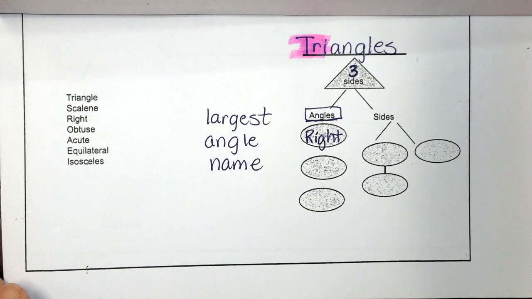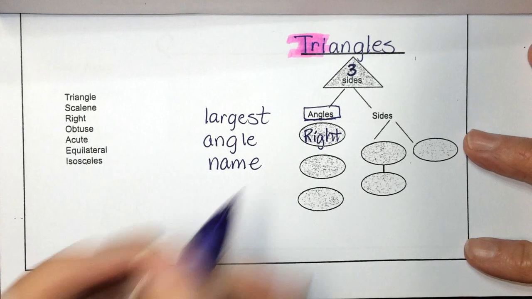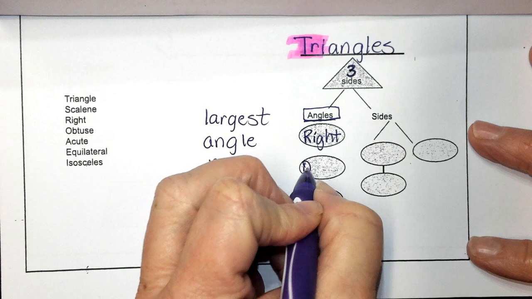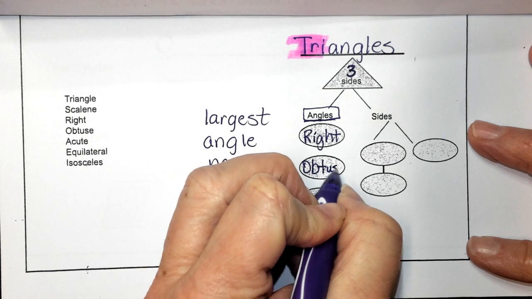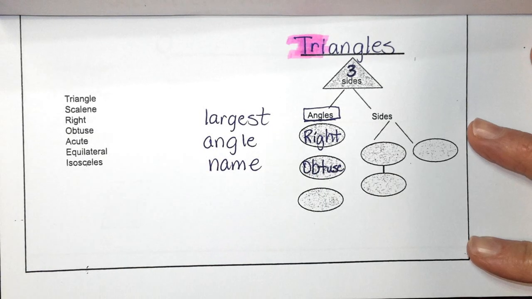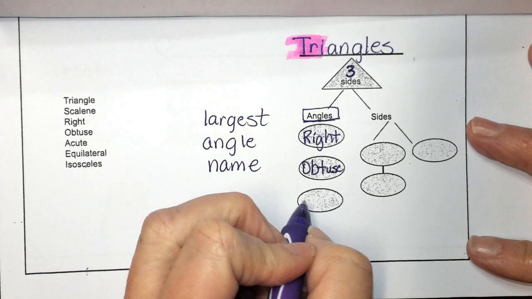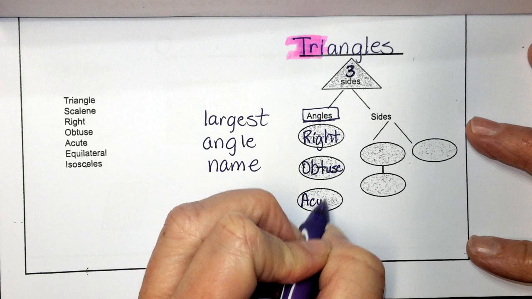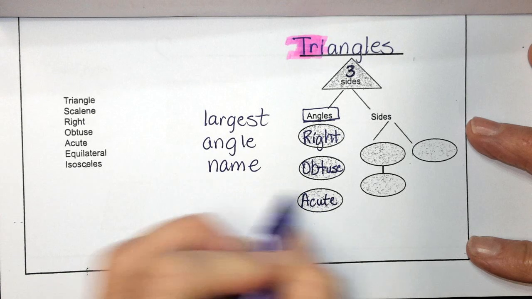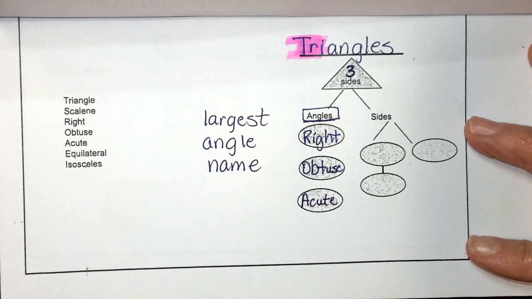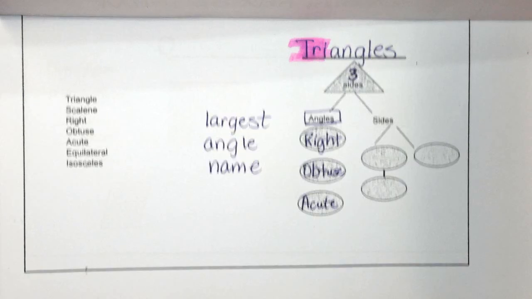That means it has a right angle inside the triangle. Sometimes we're going to see obtuse triangles because there is one obtuse angle inside the triangle. And sometimes we're going to see acute triangles because there are several acute angles in the triangle.